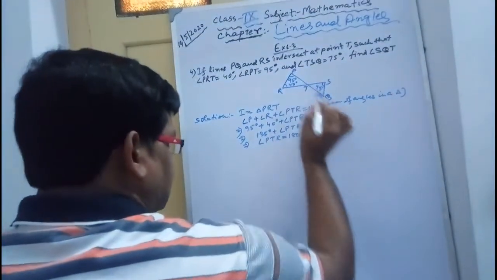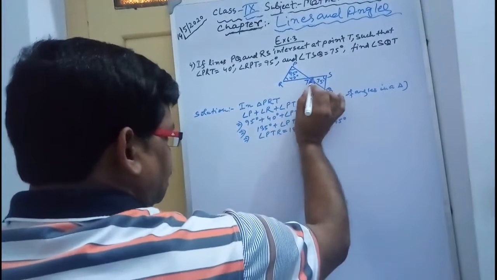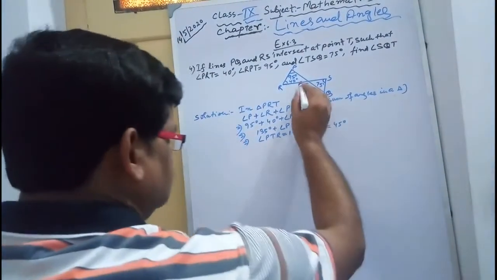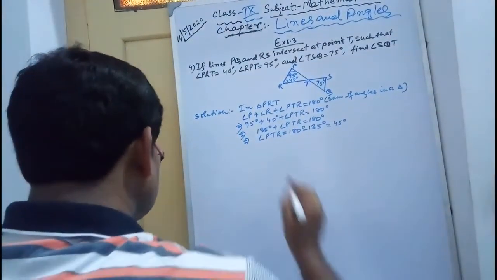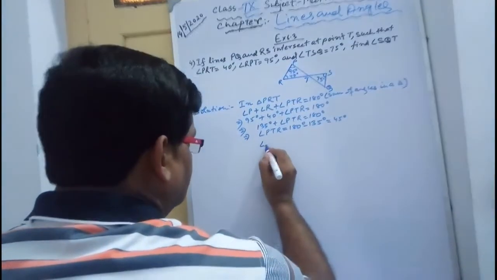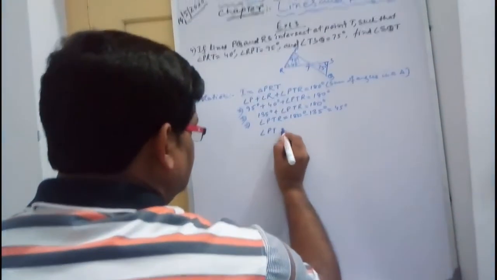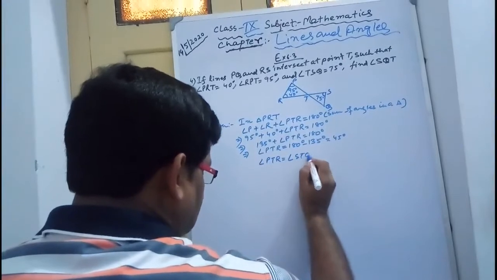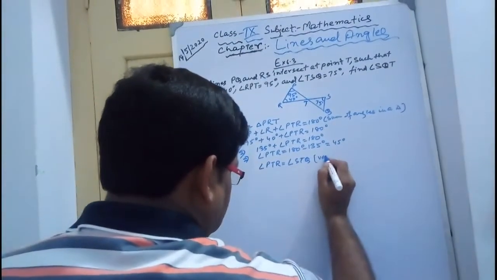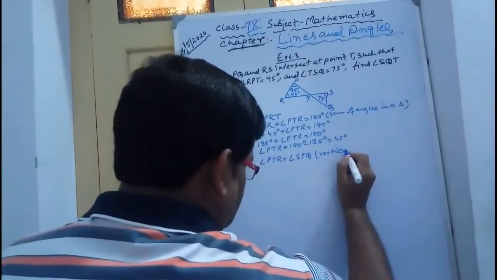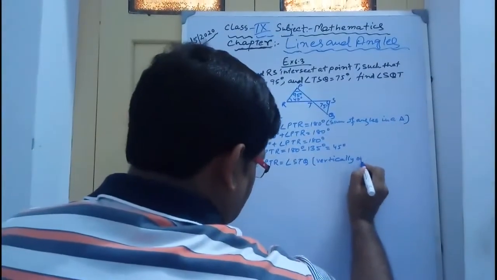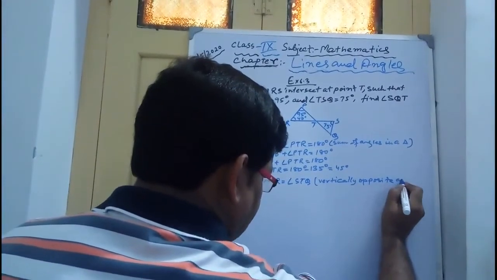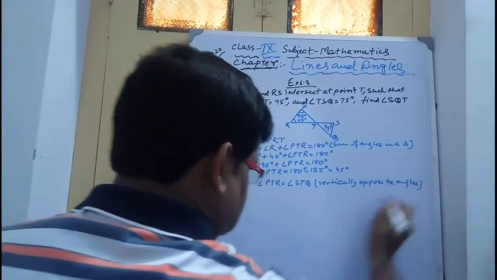Now angle PTR, you got 45 degrees. So this angle STQ is the vertically opposite angle. Angle PTR equals angle STQ, vertically opposite angles.